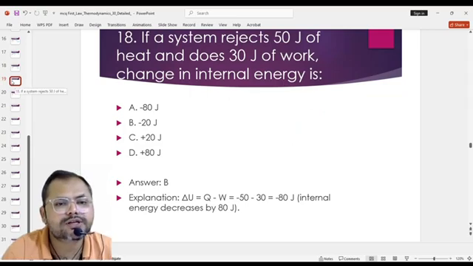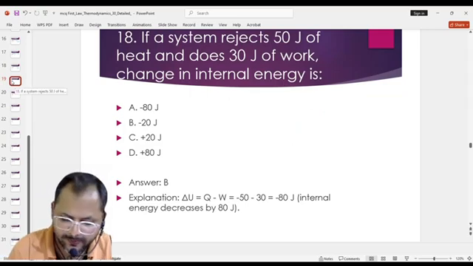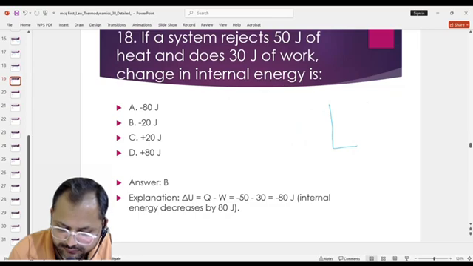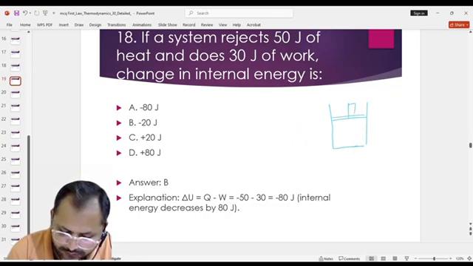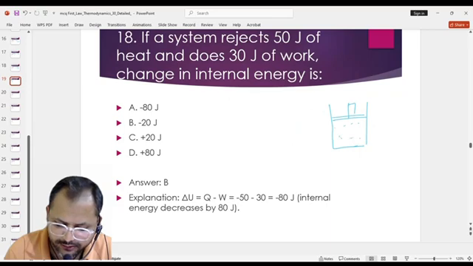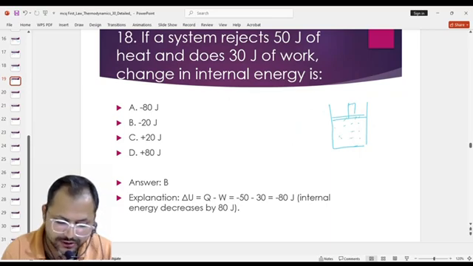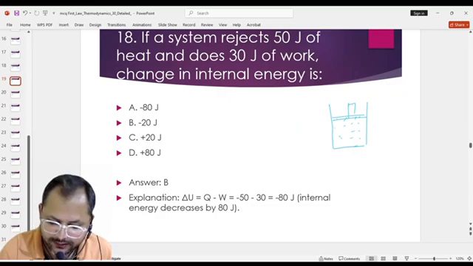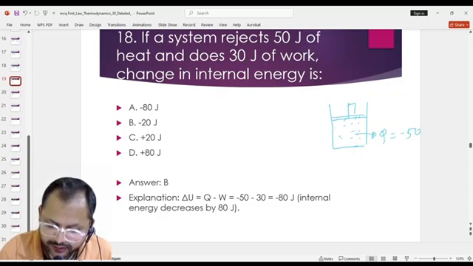If a system rejects 50 joule of heat, so we can draw a diagram. Gas contained in a container. This is a piston. So the system rejects 50 joule of heat, heat equals minus 50.